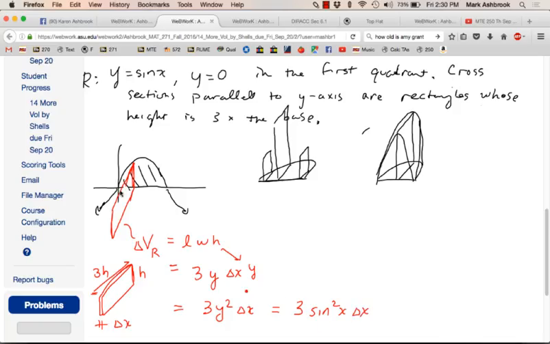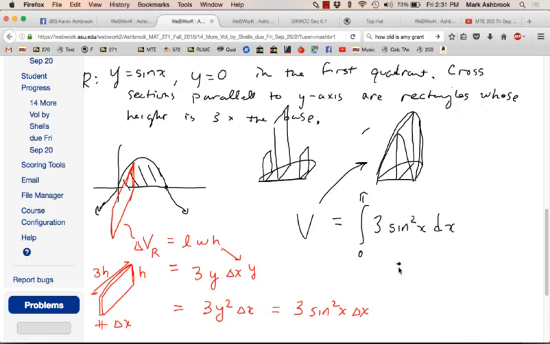That's the volume of one of these rectangular planks standing up on top of the base region. Then the volume of the solid equals the integral from 0 to pi, where sine comes back and crosses the x-axis, of 3 sine squared x dx.